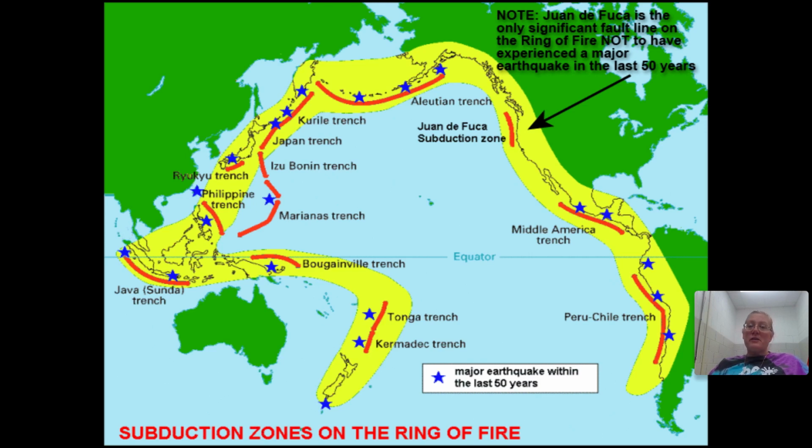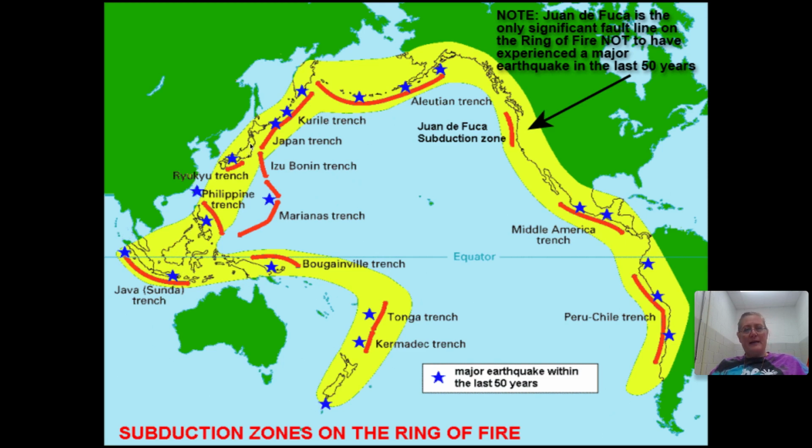On your notes, you will see a map that looks similar to this. Go ahead and draw, and if you have a highlighter, even better. Starting here, this is Australia, where you can find this Ring of Fire. So it starts way down here. This is New Zealand. Following along, here's New Guinea, up towards Japan.